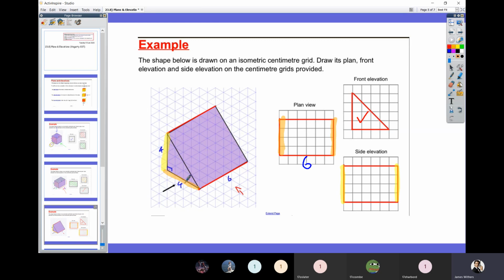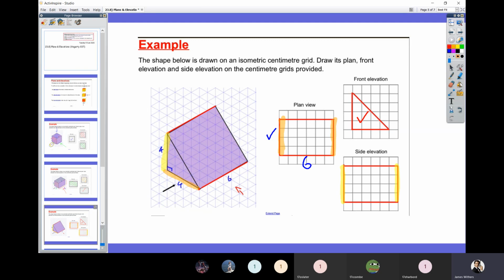As you look from above, that would be the height that you see, this dimension here. If you're looking down from above, you're going to see a 6 by 4.